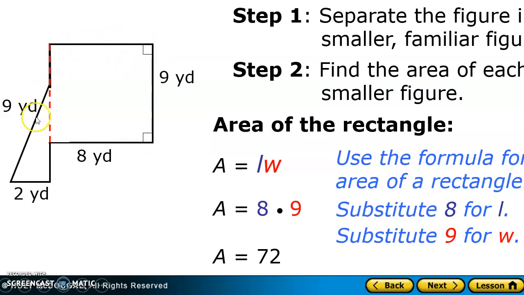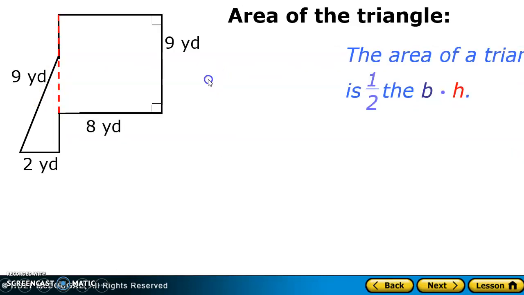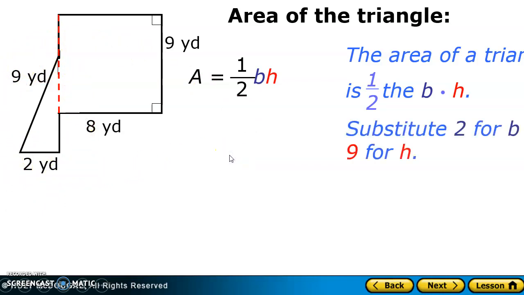Now we need to look at the triangle. The triangle is 1/2 base times height. So let's start off with the formula, 1/2 base times height. This 1/2 right here is a constant. It has nothing to do with any of the numbers that show up over here. So we're going to substitute 2 in for our base.